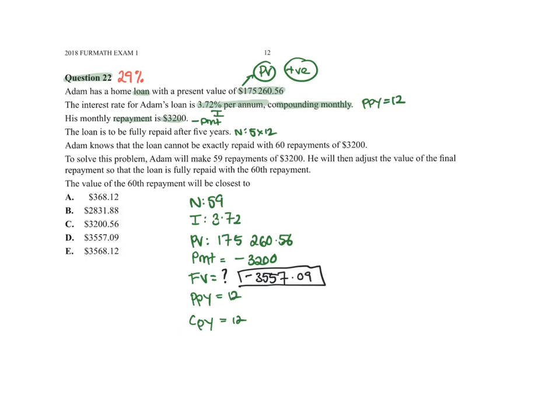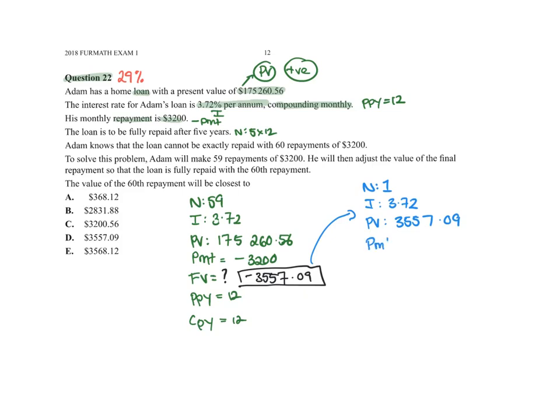But he still has to pay interest in that last month. That's why we have to pretend it's a new scenario. So we're going to do this last month, still at the same interest rate. But now, for PV, I'm going to use this one here, what he still owes. I'm going to pretend he got the loan for that for the last month, so that'll be positive.